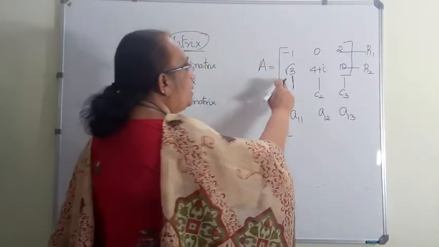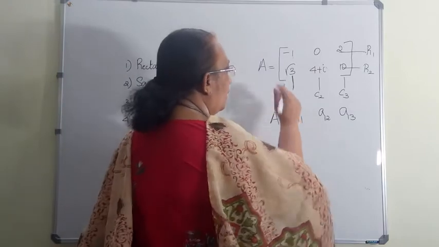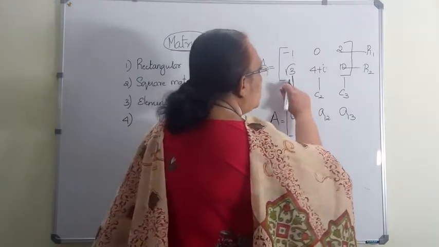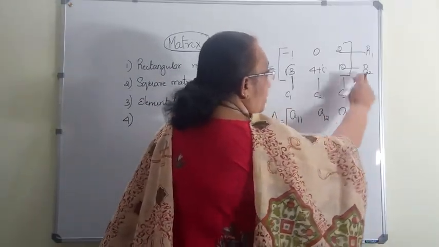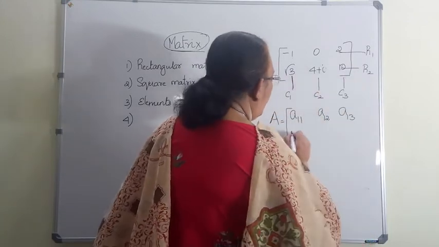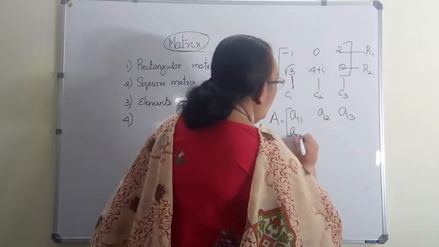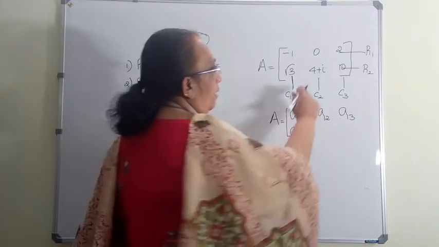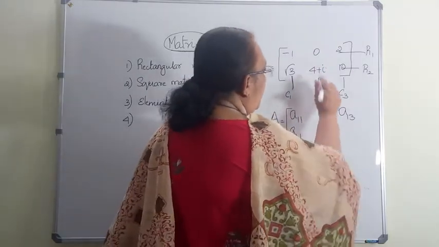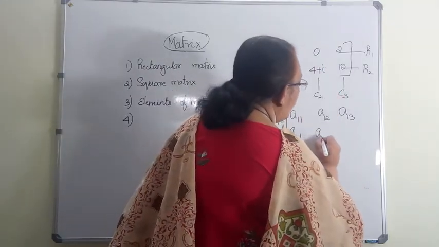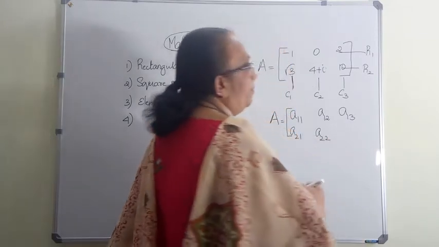When it comes to the element root 3, it belongs to the, row should come first, it belongs to the second row, first column. 4 plus i, the complex number, occupies the second row, second column.